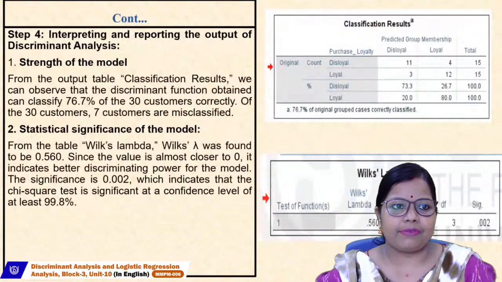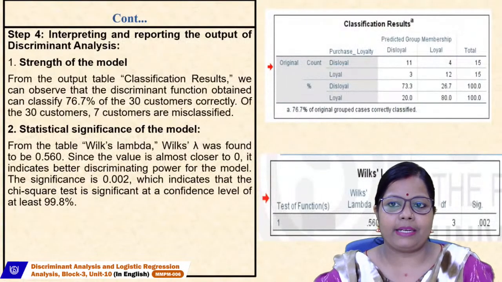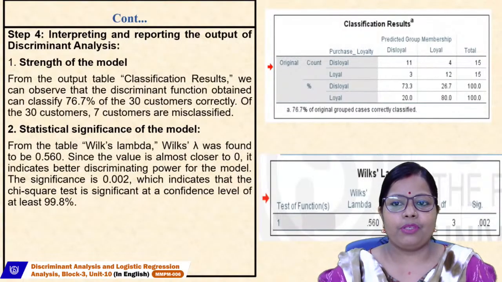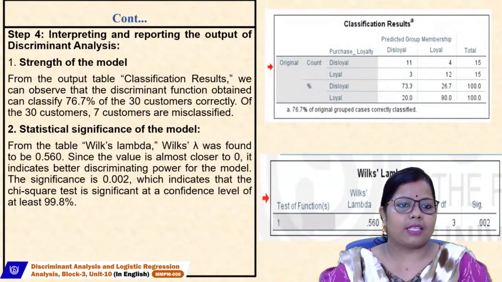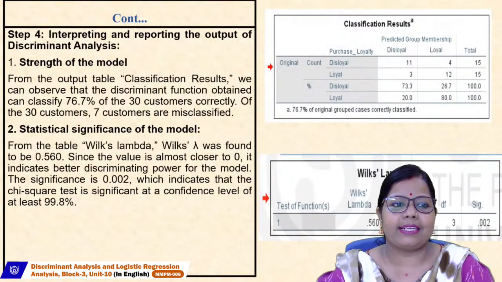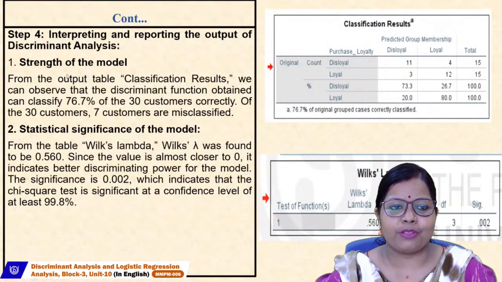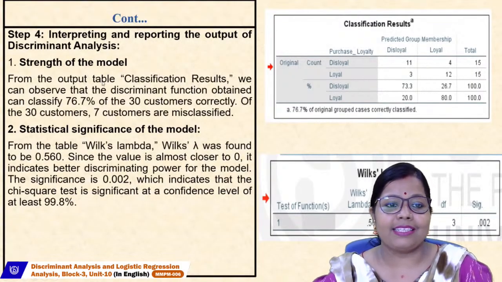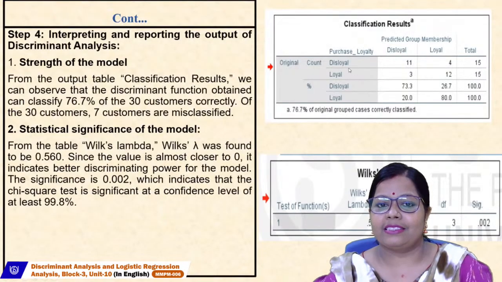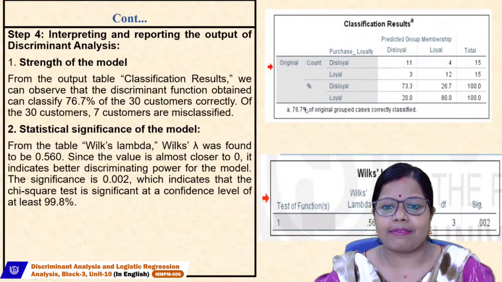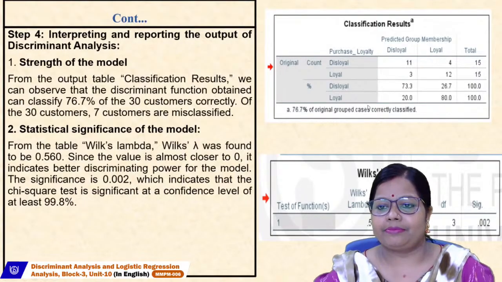After completing all these steps in SPSS, for the interpretation part, a table will come with some results. So let us know how to interpret this result. On the strength of the model, from the classification result we can observe that the discriminant function can classify 76.7% of 30 consumers correctly. Of the 30 consumers, 7 consumers are misclassified.